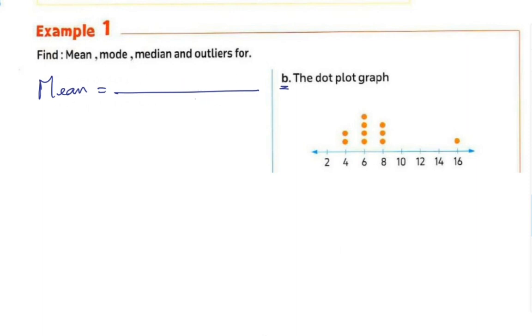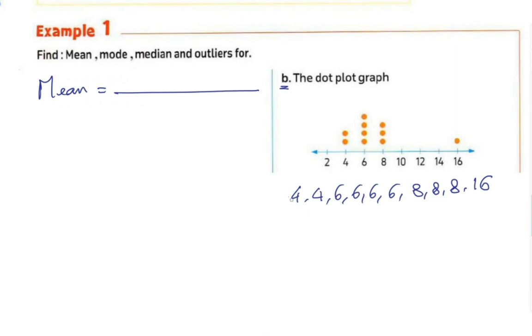Now here we have 2, 4. So I have 4 and 4. How many 6? 1, 2, 3, 4 sixes. And 3 eights. And just 1 sixteen. Now I need to add all of these values divided by the number of them.